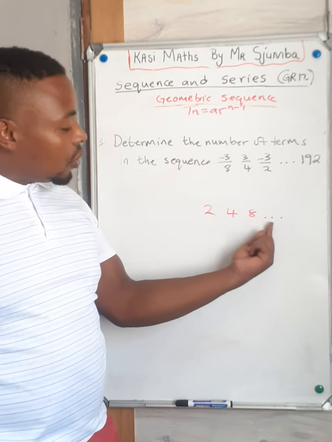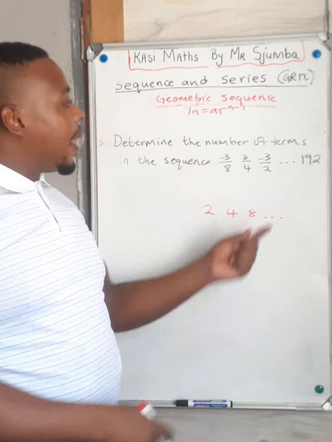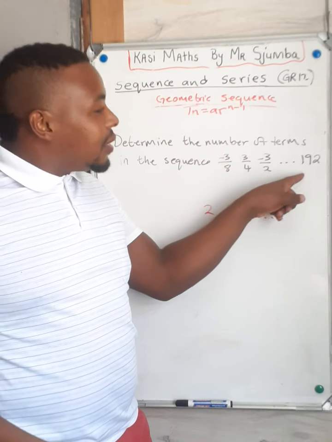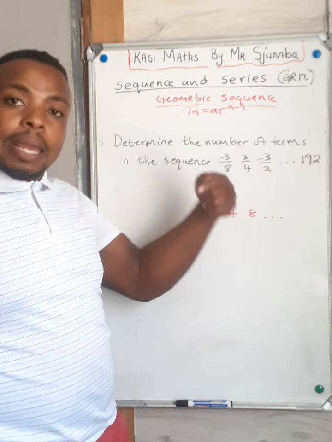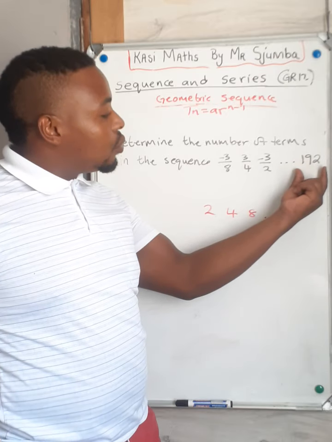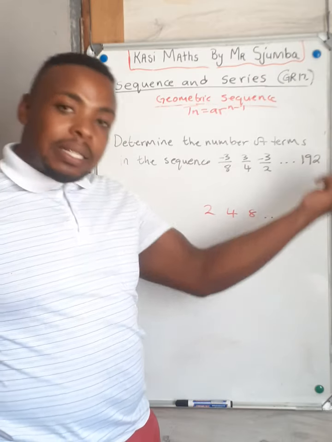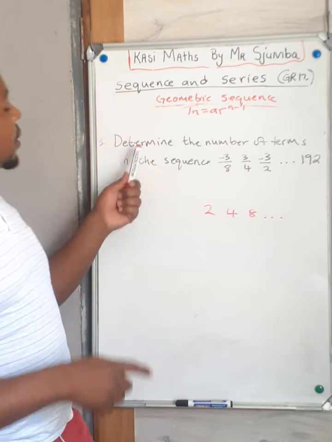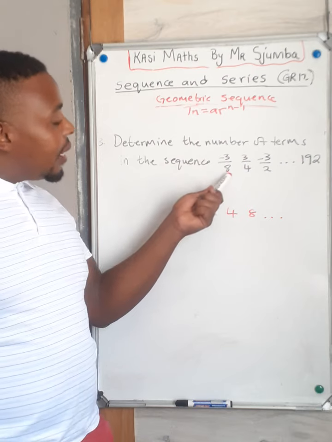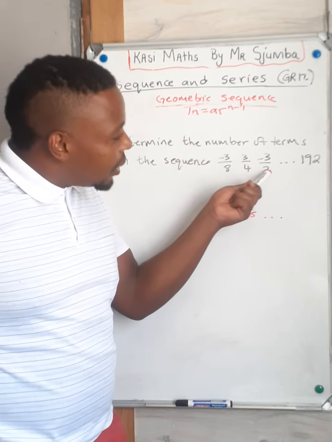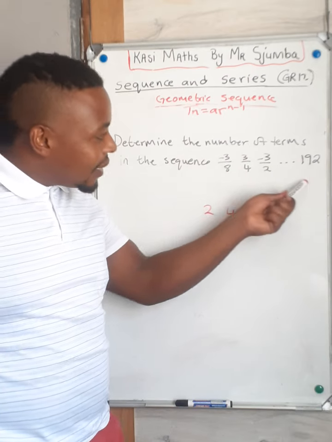So 2, 4 and so on means the terms continue, but when they write a number, for example 192, it doesn't mean the terms are 192, but it actually means 192 is our last term. So if your question is to determine the number of terms in the sequence, then in a sequence, this is term 1, term 2, term 3, dot, dot, dot, and then see the last term.